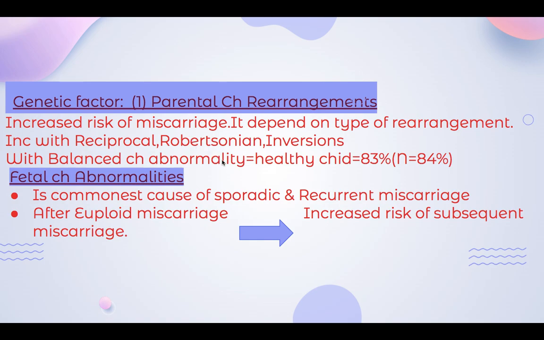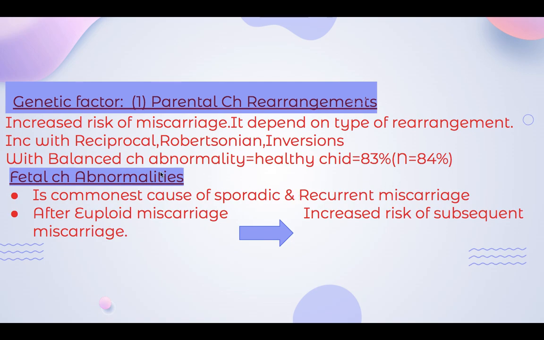Now we have to see the fetal chromosomal abnormalities, right? Actually, fetal chromosomal abnormalities are the commonest cause of sporadic and recurrent miscarriage as well. When a single best answer question comes asking what is the commonest cause of sporadic miscarriage, what will you answer? Fetal chromosomal abnormalities. If a single best answer question asks what is the commonest cause of recurrent miscarriage, which are you going to pick?